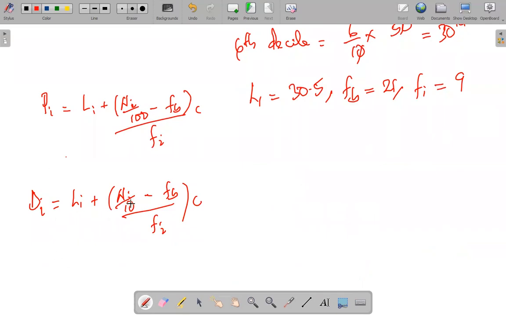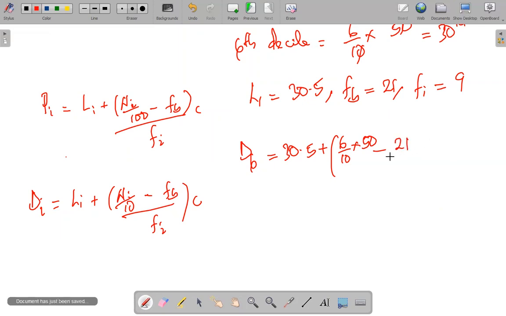Di is Li plus n over 10 minus Fb over Fi times C. So D6, the sixth decile, is 30.5 plus 6 over 10 times 50 minus Fb. Fb is 21, and Fi is 9. C still remains 5, constant for a given data set.